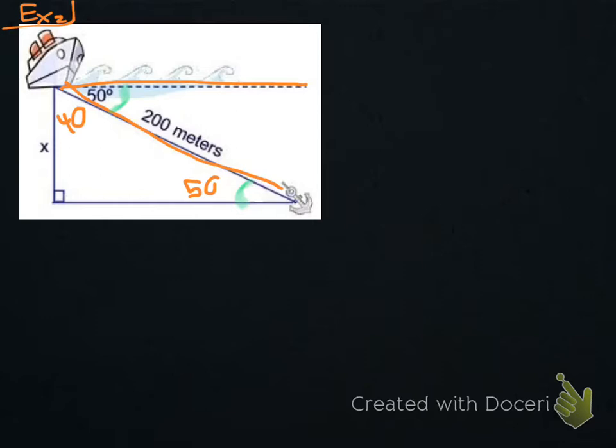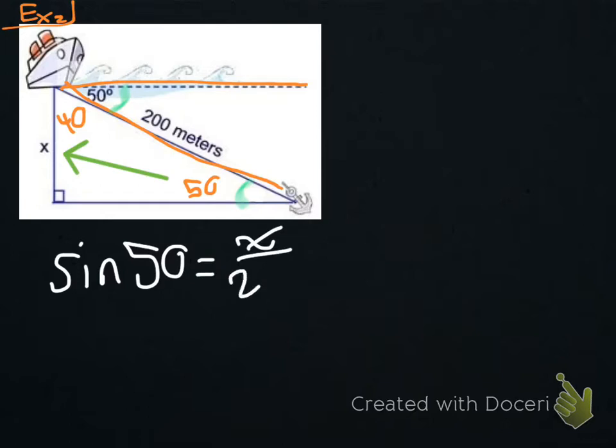So I'm going to do it both ways real quick, just set it up for you. Let's start with the 50 degree angle. If I'm dealing with the 50 degree angle, x is opposite that 50 degree angle, right? So if I'm dealing with opposite and hypotenuse, hopefully you realize we should be using sine. So sine of 50 degrees would give me x over 200, or the opposite over the hypotenuse, right?